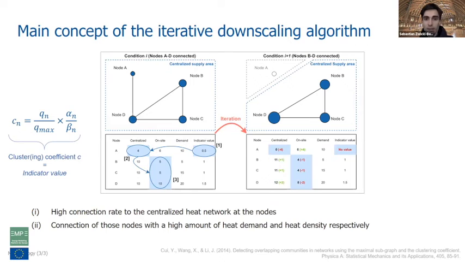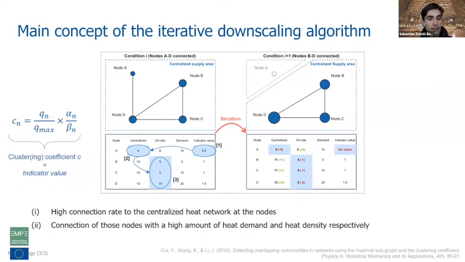The main concept of the iterative downscaling, as I said, uses network topology and graph theory benchmarking. And here we developed a so-called clustering coefficient C, which means in the end benchmarks specific subregions. So in the end, a high clustering coefficient means from a supply company perspective, this subregion can achieve, on the one hand, a high connection rate and also a high heat density.